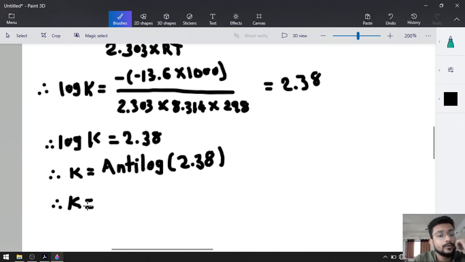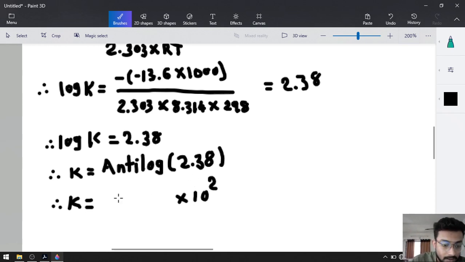First of all, you have to see whether the value over here is positive or negative. So we want to discover a positive value, that's why the number before the point will be converted into power. So 10 raised to 2, and for the number after the point we have to see the anti-log of that, anti-log of 0.38.